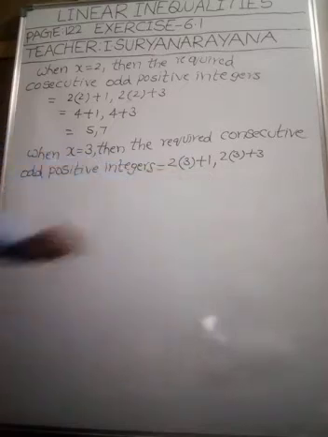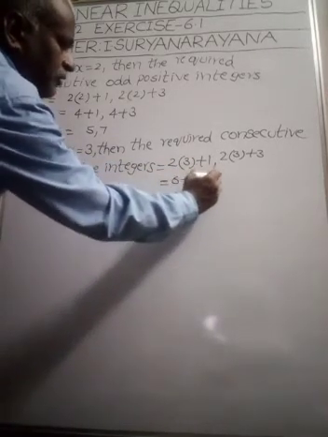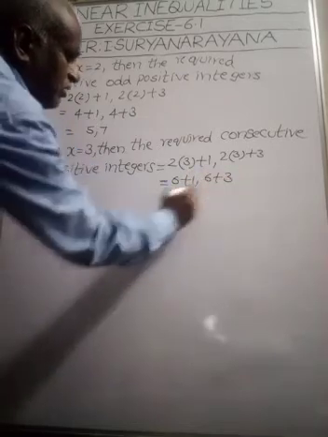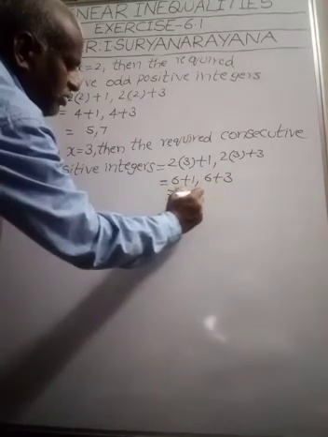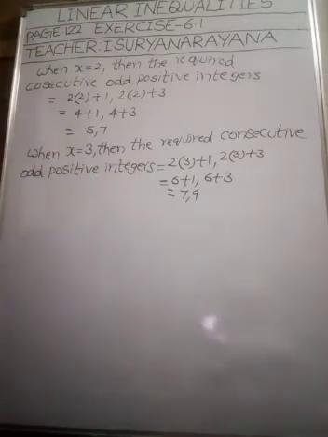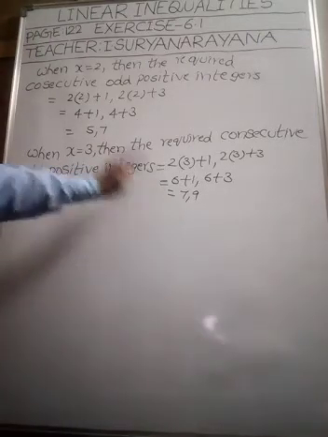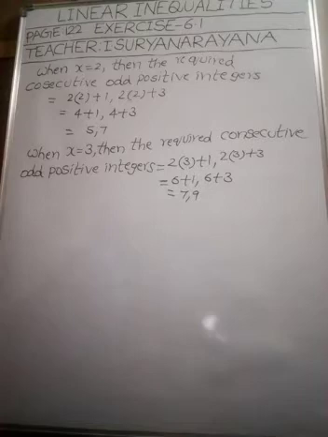Understood this step, my children? Right. 2 3 is 6 plus 1, 6 plus 3. That is equal to 7 and 9. This is another pair of consecutive odd positive integers which satisfy the given conditions. Understood, my dear children? Right.